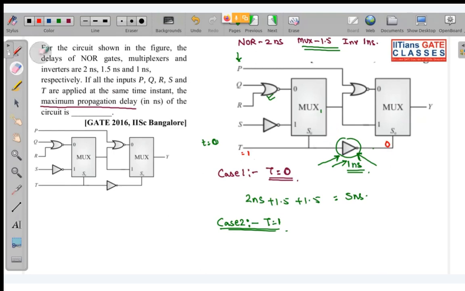Now look very carefully. This input t has been applied at time 0. Whatever is P is already present at time 0. Now for this input, when is it ready? As you have applied 1, the path of input will be something like this.